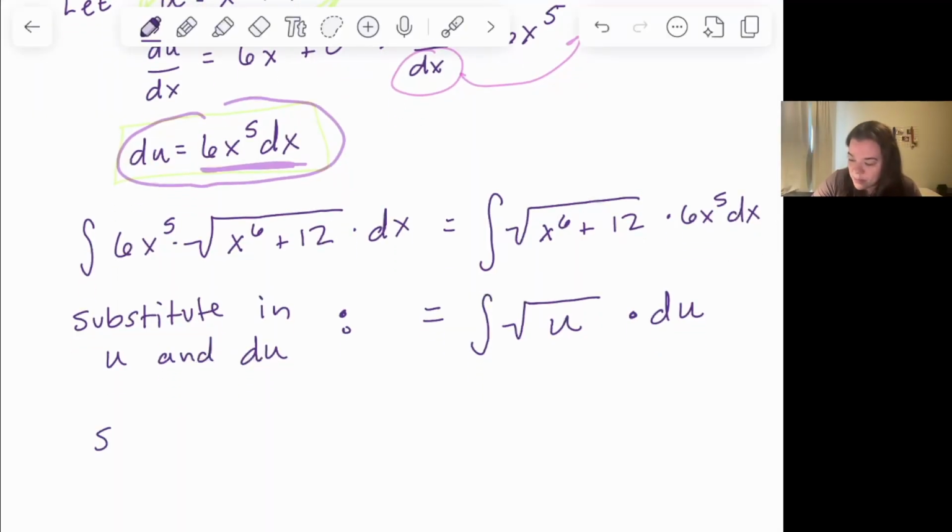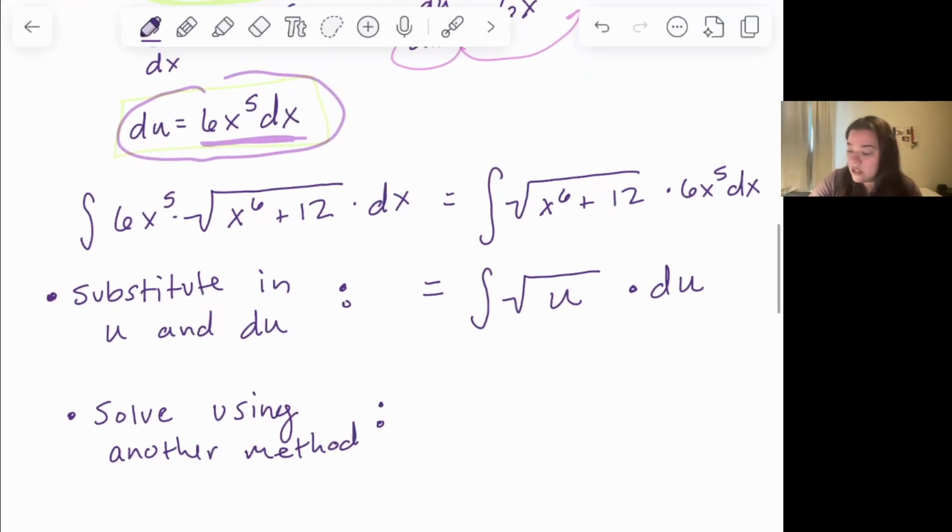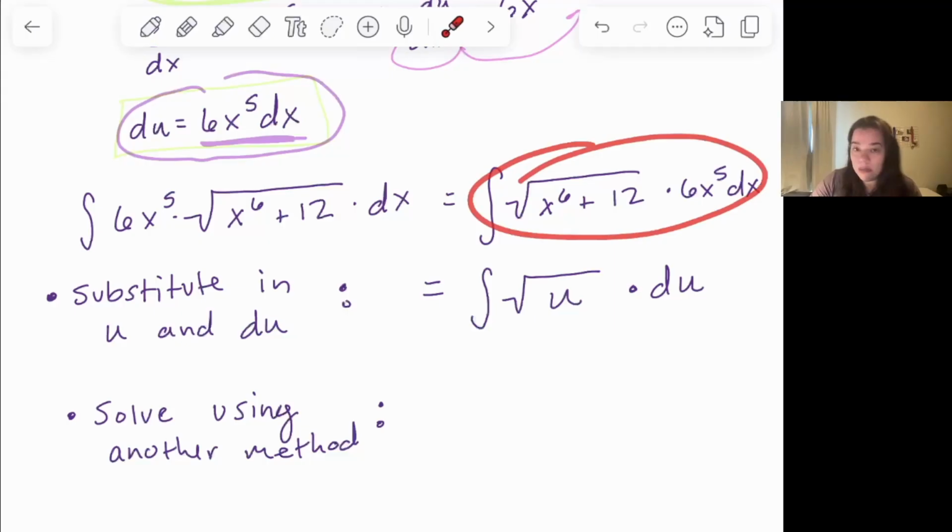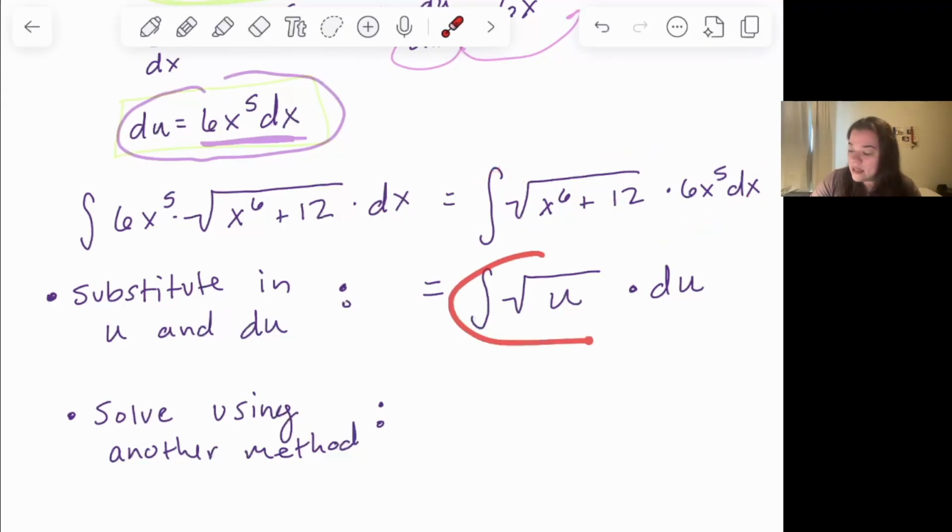So once I've substituted in my u's and du's, I am going to solve using another method, because there's no telling what method you're going to use in general, but the whole goal is to go from a complicated problem to a simpler problem, which you can then solve using another method that's familiar to you.